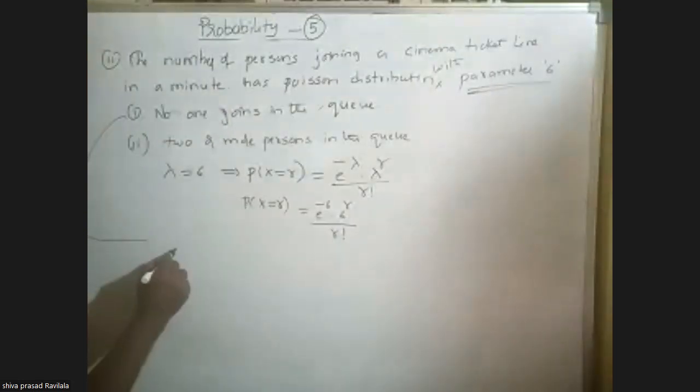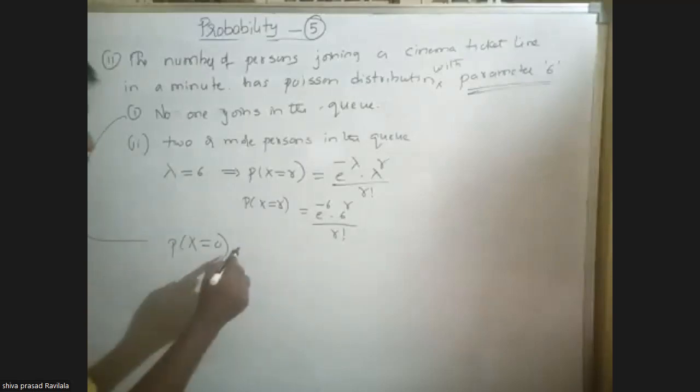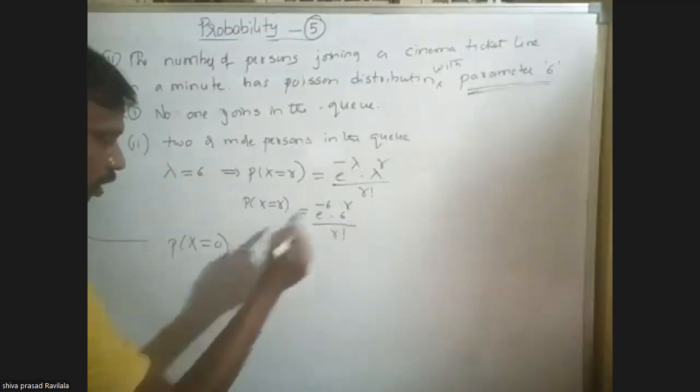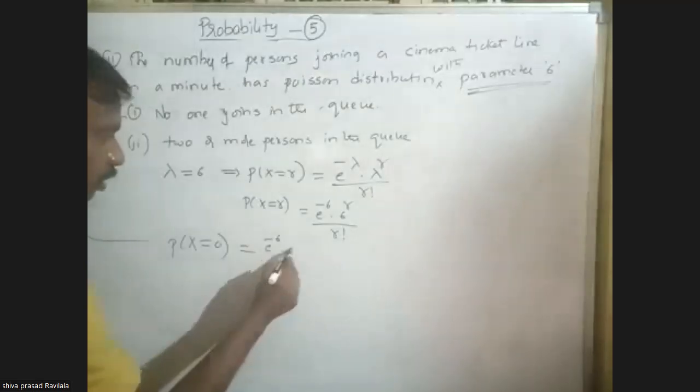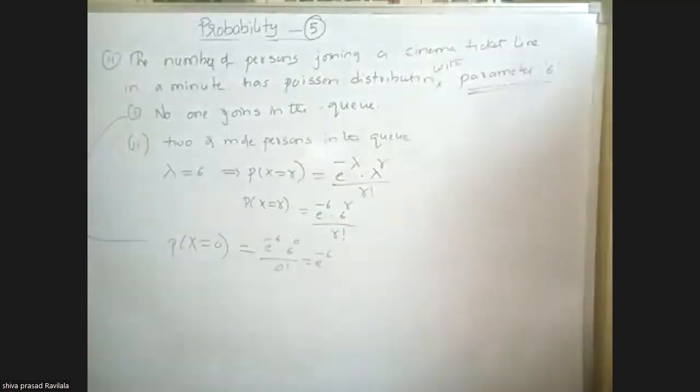First one, no one joins the queue means probability of X is equal to 0. Substitute r value 0: e power minus 6 into 6 power 0 by 0 factorial, which is equal to e power minus 6.